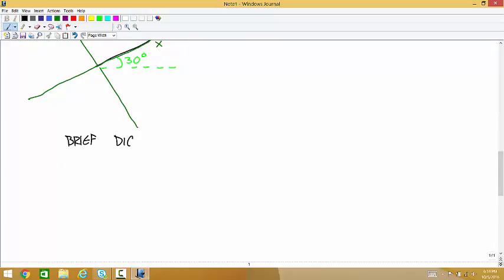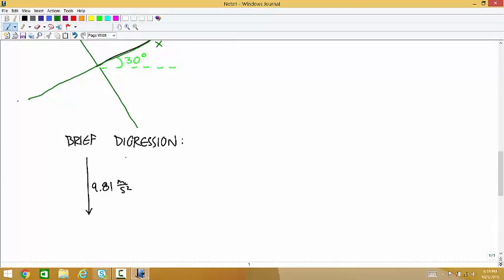Brief digression. The acceleration in free fall is this, right? 9.81 meters per second squared down, okay?